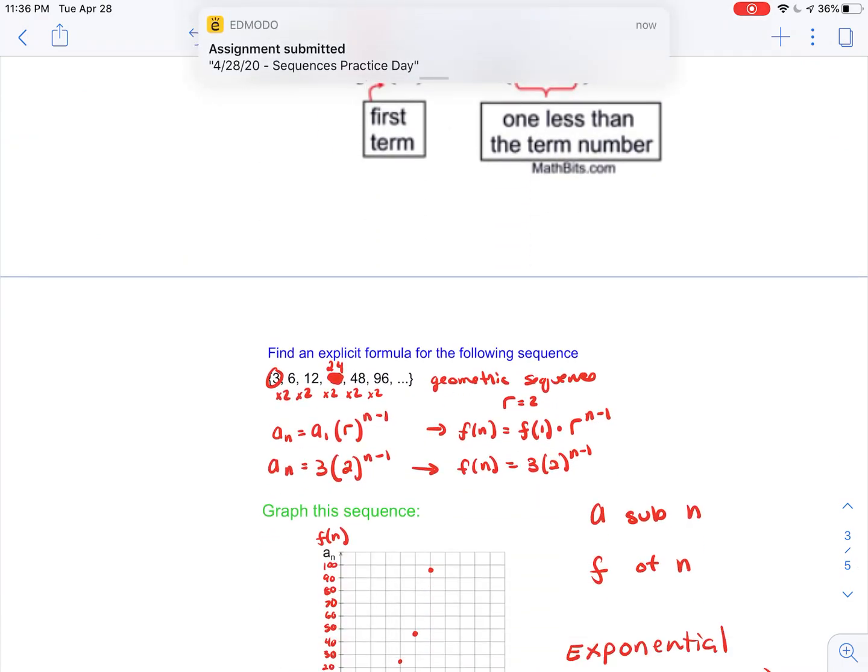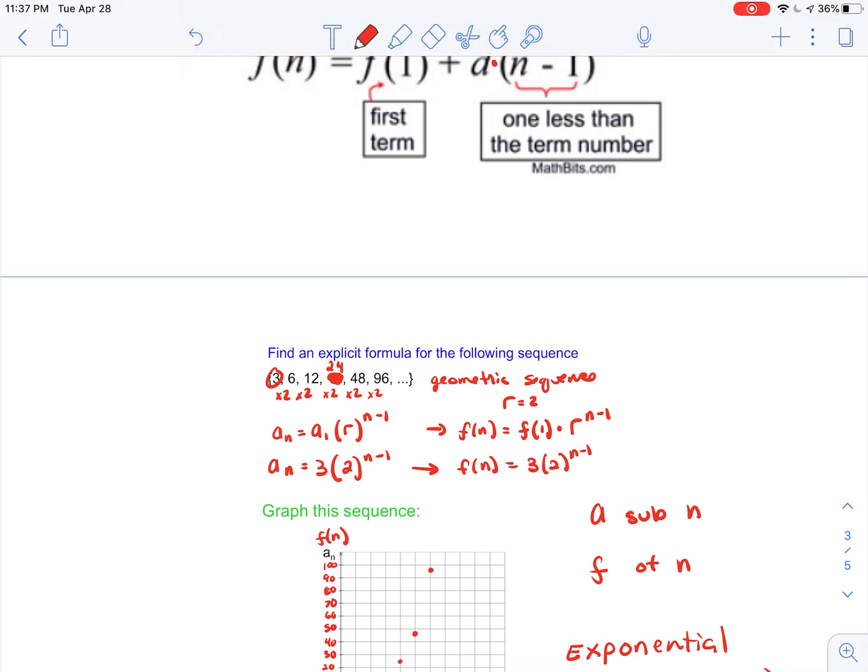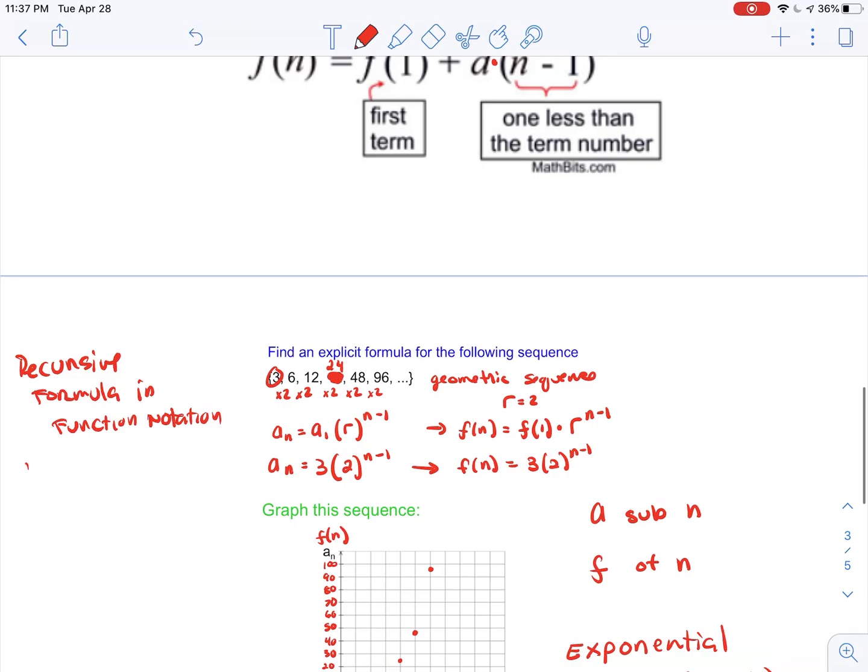So just take a minute or two, and write a recursive formula in function notation for this geometric sequence. Okay, what parts do we need? Well, a recursive formula in function notation.